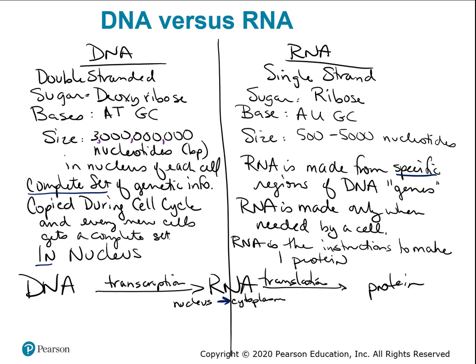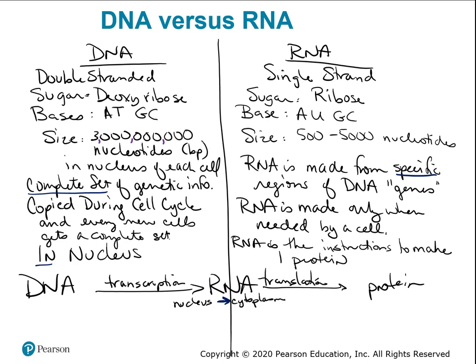So RNA is made from a gene in the DNA. You can almost think of RNA as being like a short form. That is why it's so much shorter in length. It's only made from a specific sequence of DNA, and then it can be used to build a protein.